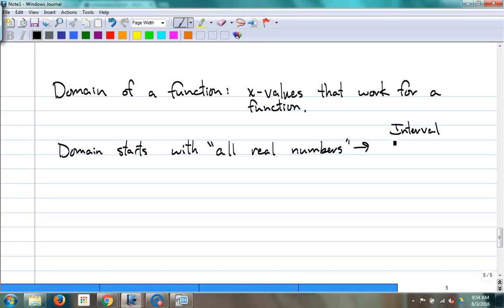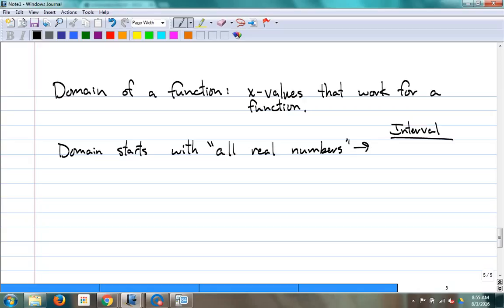Anybody do that in Algebra 2 last year? Did y'all do interval notation with parentheses and brackets? That tells me no, okay? Which is fine, because it's more of a college level notation, okay? So we're going to learn it. All real numbers means every x that there could be.